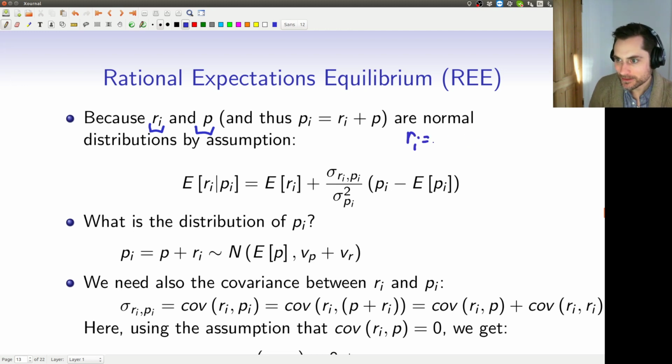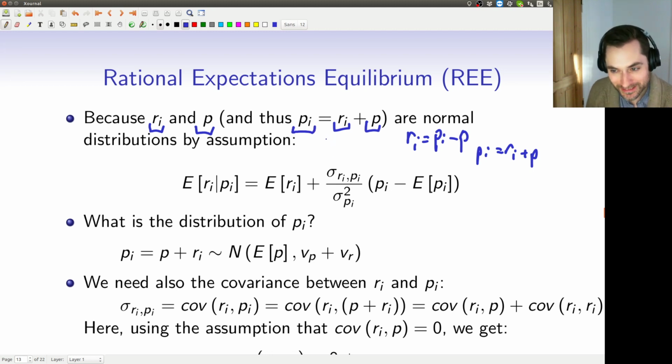Ri is equal to Pi minus P. All right, so Pi is equal to Ri plus P, right? So since we've assumed that Ri is distributed normally, and we have assumed that P is distributed normally, the sum of two normally distributed random variables is also normally distributed.